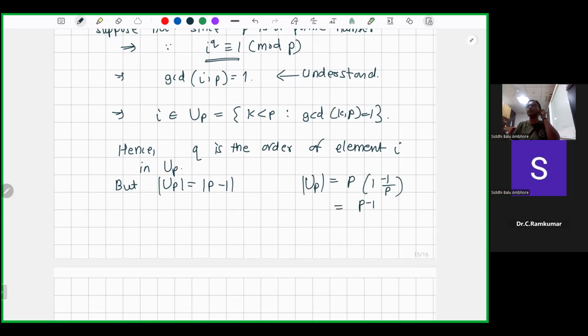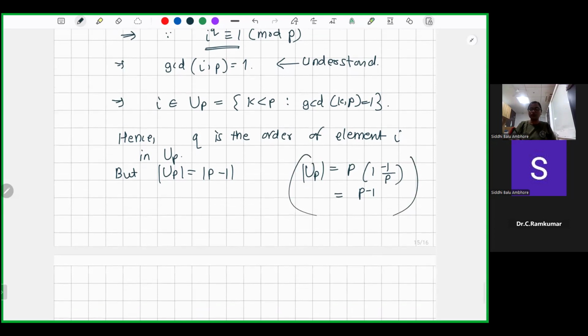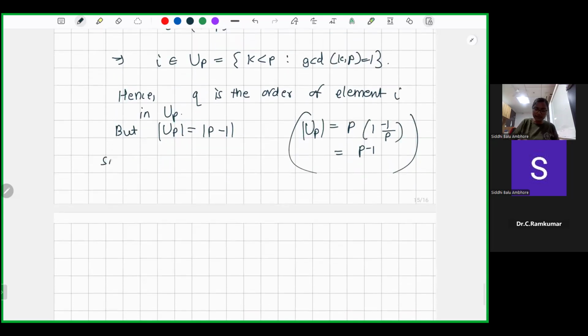The only prime power expansion of p is just p. So the cardinality of U_p is p minus 1. And since i power q is 1 and q is less than p, q divides p minus 1.